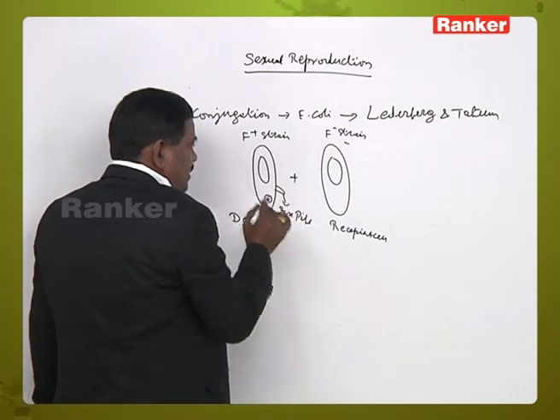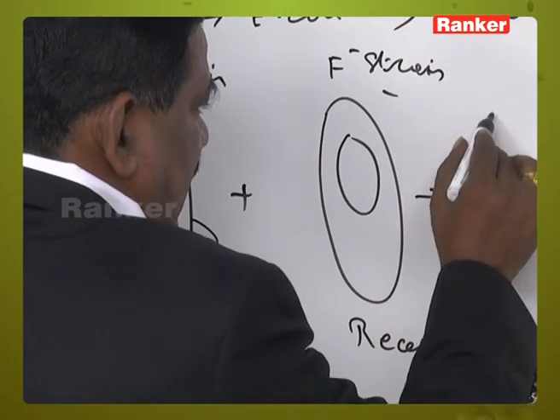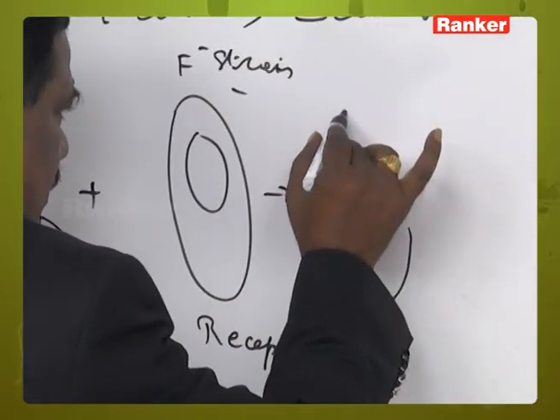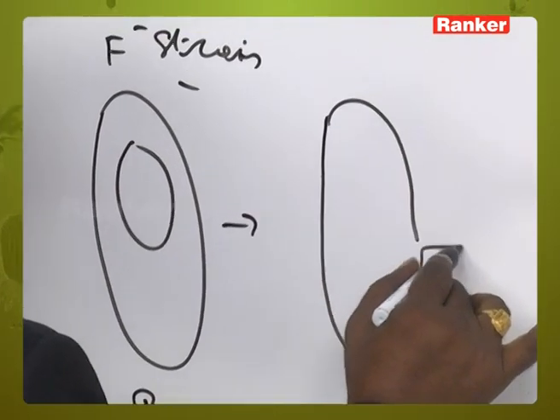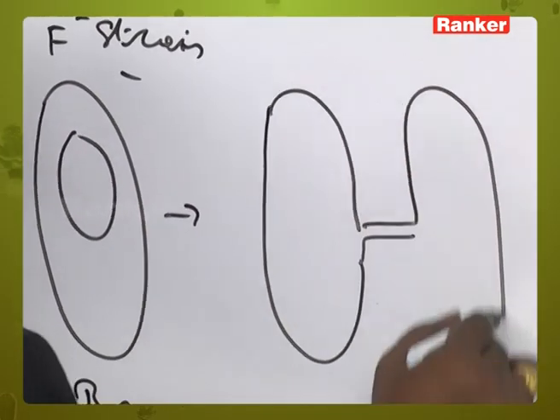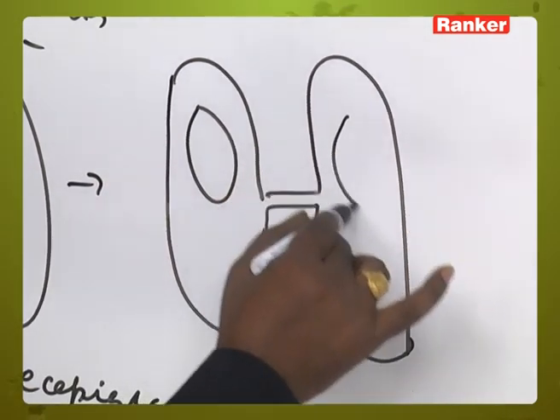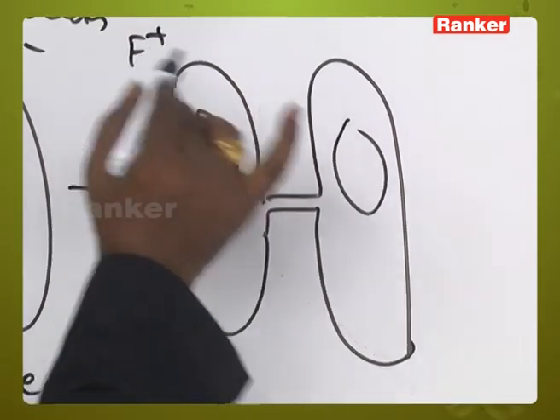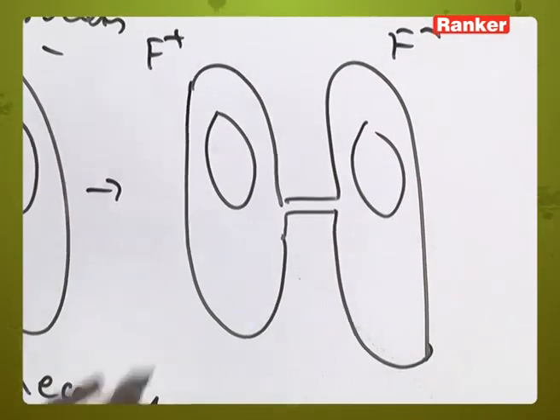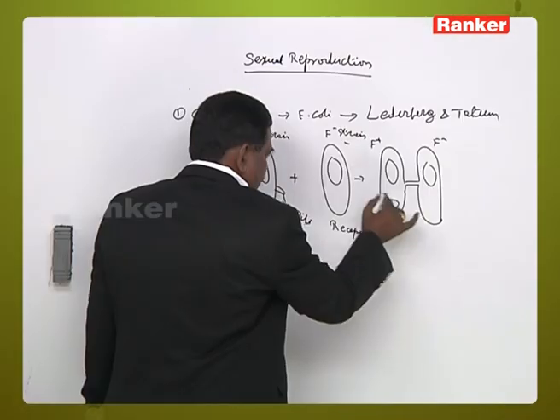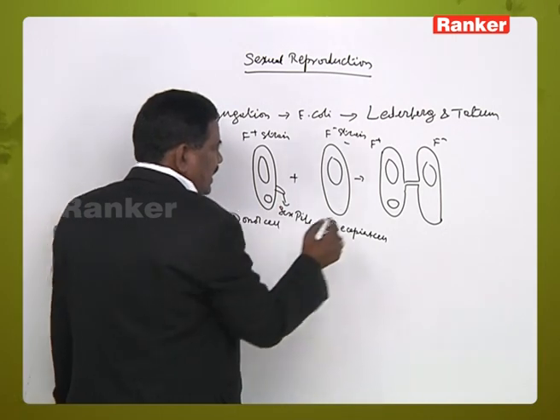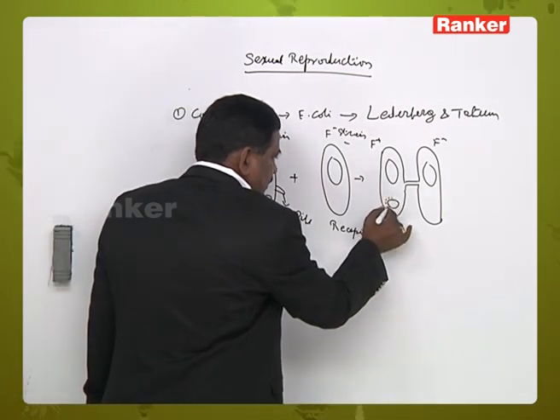With the help of sex pili, these two bacteria attach to one another. A conjugation tube is produced by the sex pili. This is the F plus and this is the F minus. The plasmid present in the F plus strain replicates.